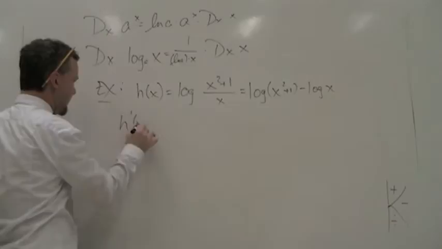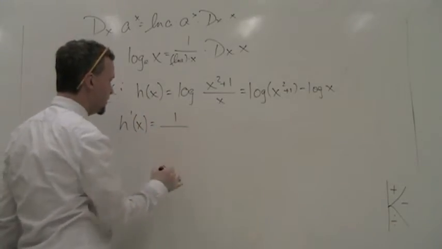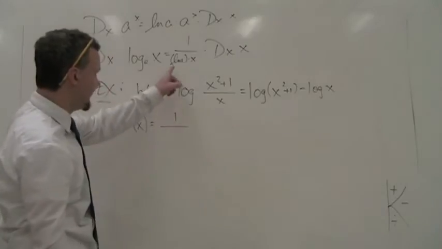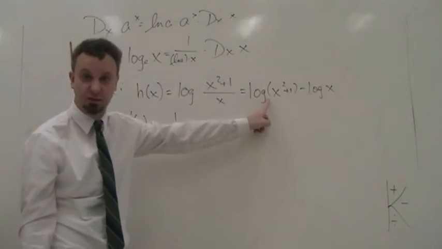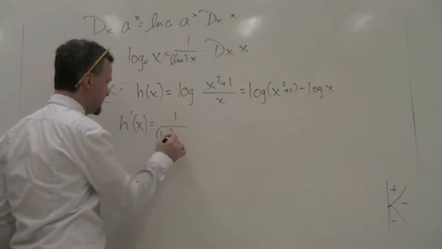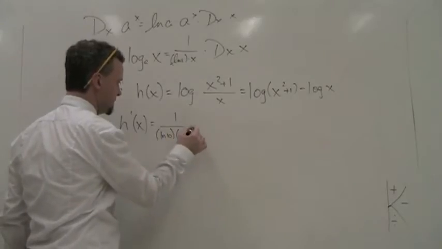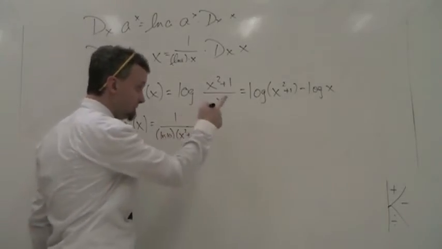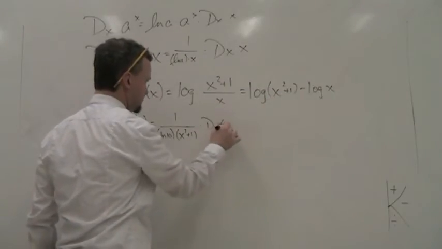So to derive it, the derivative of log of x squared plus 1 is 1 over, now it's the natural log of the base. Well, there is no base there, so it's understood to be base 10. Okay, so we have 1 over ln 10 times x squared plus 1 times, in the numerator, the derivative of the argument of the log. So we're going to have to derive x squared plus 1.